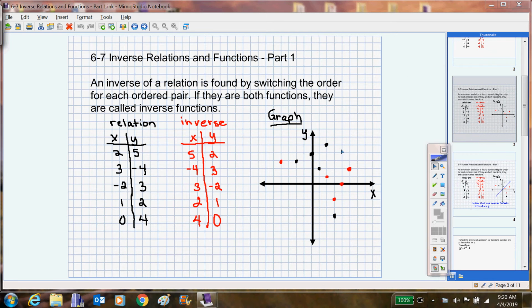And now that you've got the graph done, what is it that anybody notices? Does anybody notice anything about the original graph points and the inverse graph points? Does anybody see anything that stands out? What do you see, Dylan? It's like, okay, so if you look on the top, near the Y, there's like 3 black ones and then 1 white.